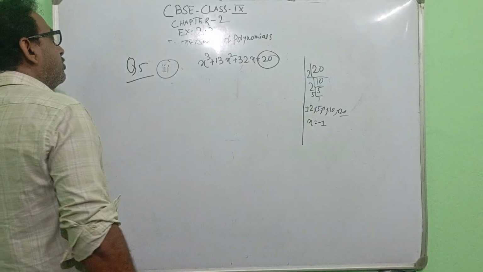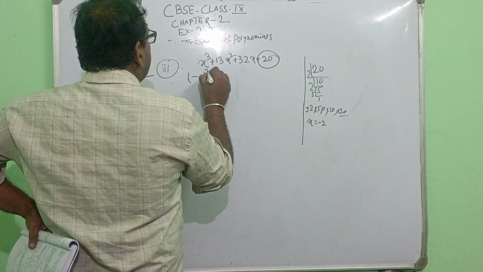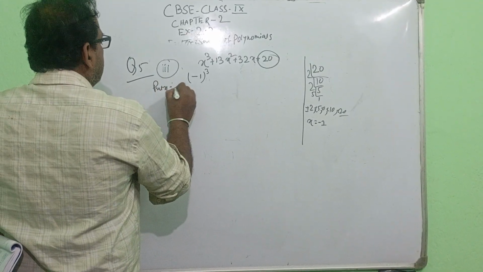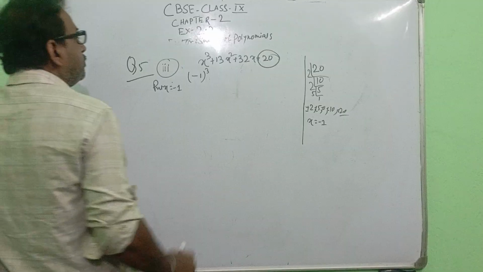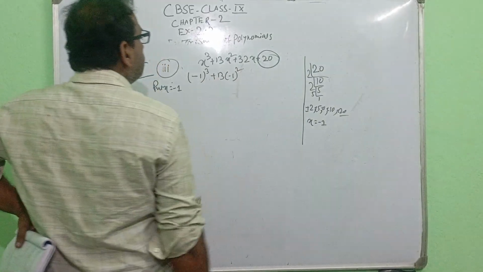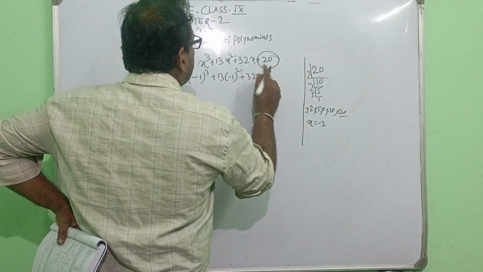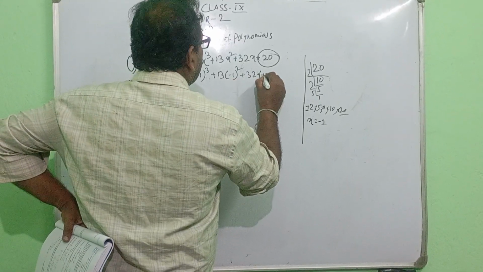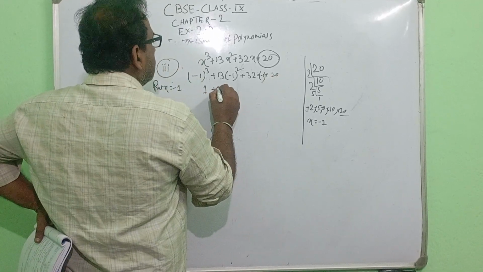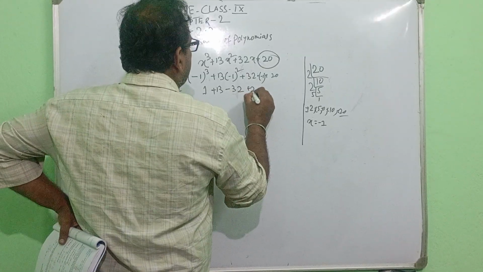If you put x is equal to minus 1, so it will be minus 1 plus, so this is 1, this is 30, this is minus 32 plus 10.